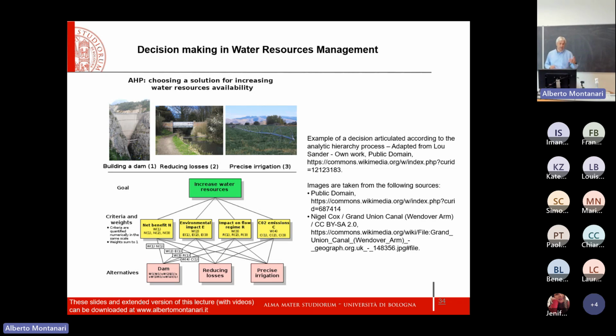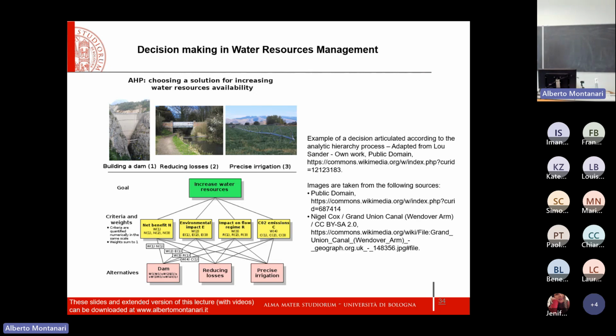We can build a dam, and therefore we increase water resources availability, we increase storage. Second solution may be reducing losses, because when you use water in irrigation or in civil use, in water supply for civil use, you have losses, you have leakages. And these leakages are very significant.